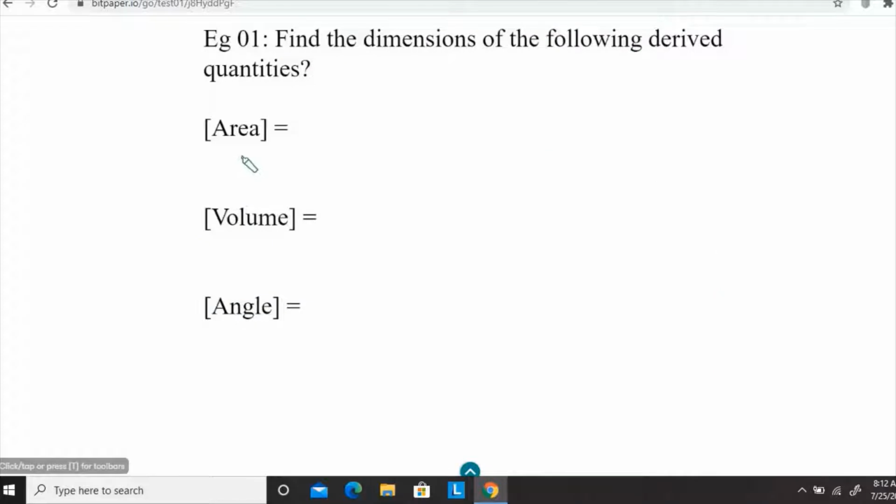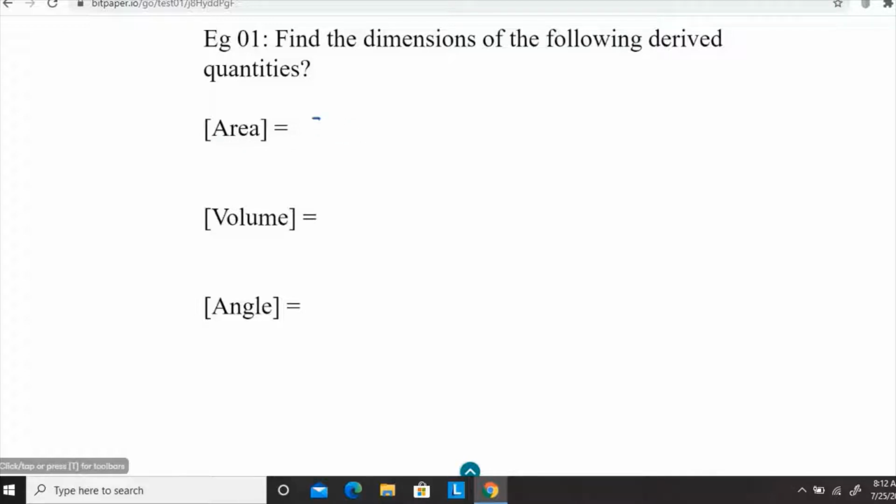For example, find the dimensions of the following derived quantities. So area. Here what it means is find the dimensions. You have the square brackets. Find the dimensions of area. As you know, area is length times width.